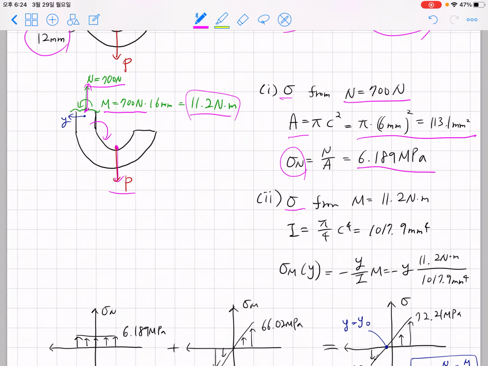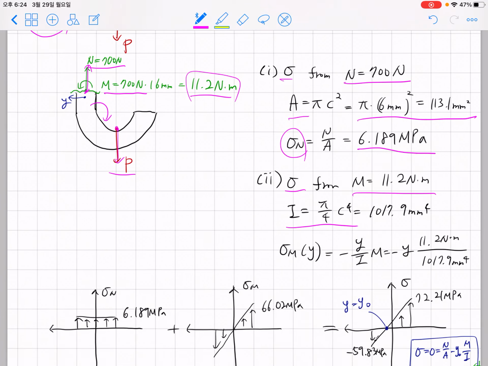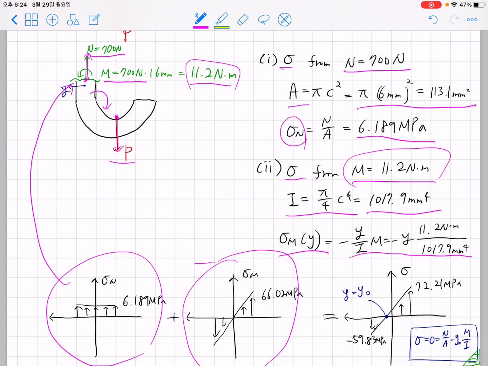You can also obtain the stress from the moment M, and to use the flexure formula, you need the number for area moment of inertia I. If you plug in c equals 6 millimeters, then you're going to have this number as I, and if you plug this into the stress expression from the moment, this is what you're going to get. So this is the stress distribution due to N. This is the stress distribution due to M. If you sum this up, this is the stress distribution you can expect for a 12 millimeter diameter cross section.